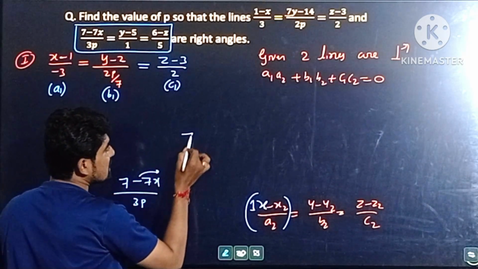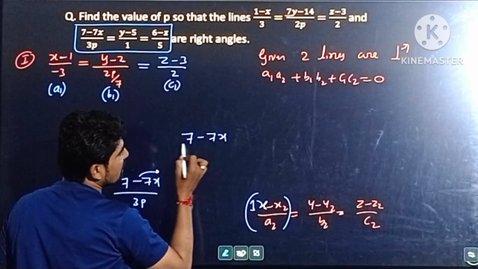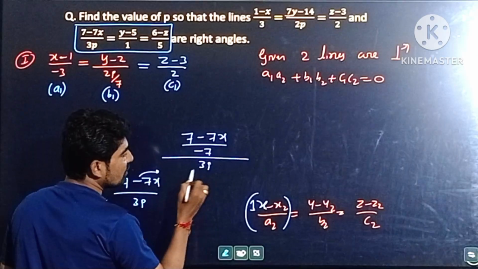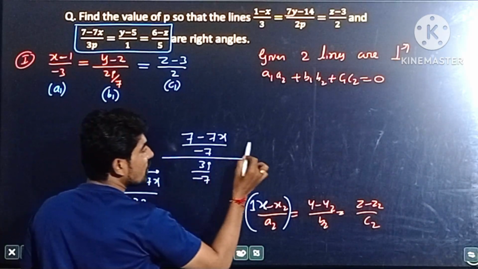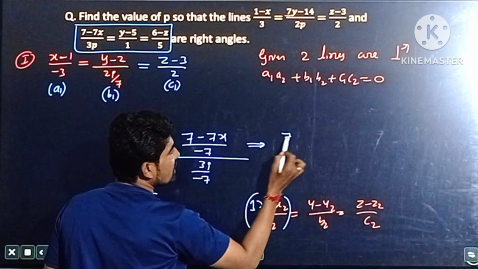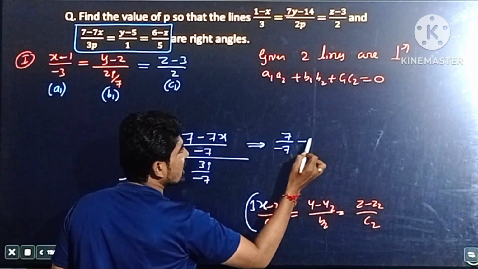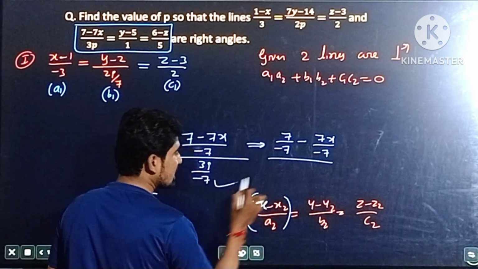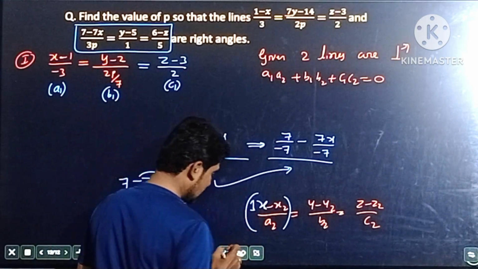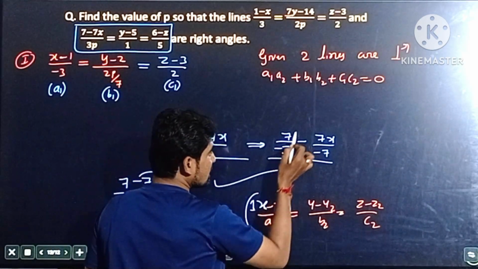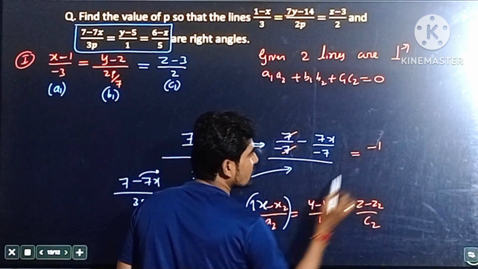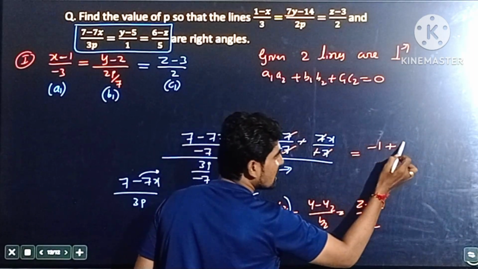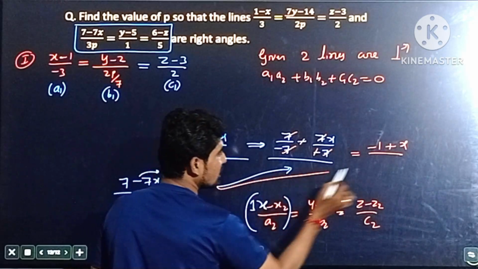See what I am doing: 7 minus 7x divided by minus 7, whole divided by 3p divided by minus 7. The numerator can be expressed as 7 divided by minus 7 minus 7x divided by minus 7, and the denominator is as it is. 7 and 7 get cancelled and it becomes minus 1, and minus into minus is plus, 7 and 7 get cancelled, leaving x.